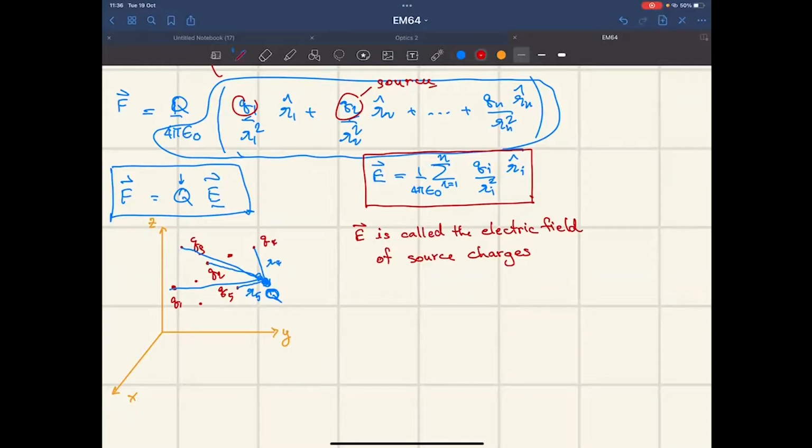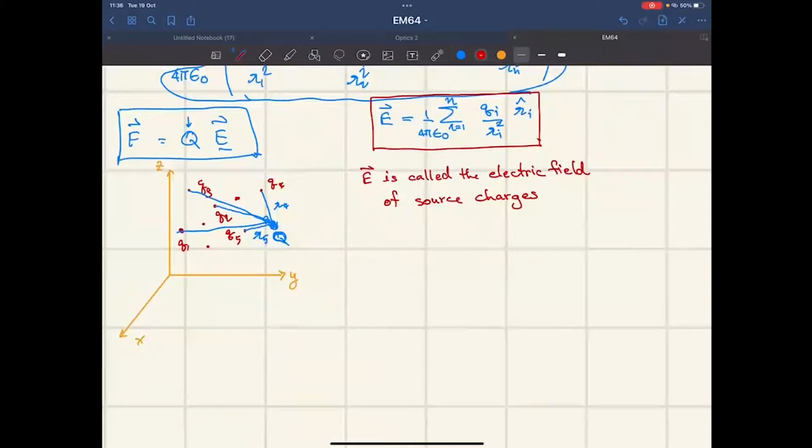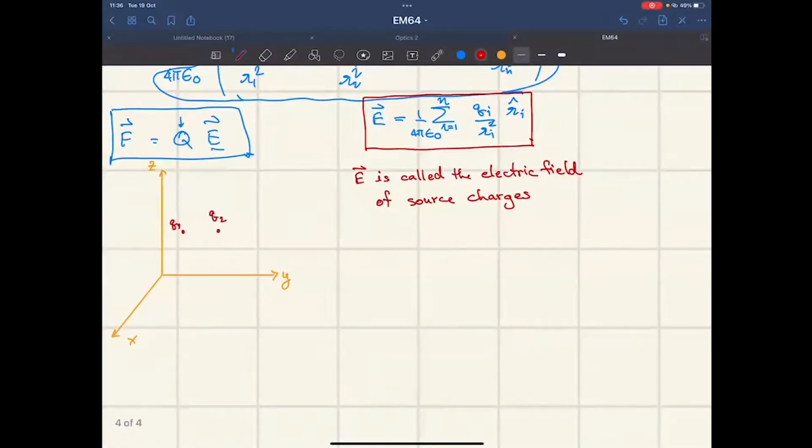Any questions? Okay, if I want to draw a proper vector for all q here, let's say I will draw q1 here, and q2 here, and maybe q3 here.